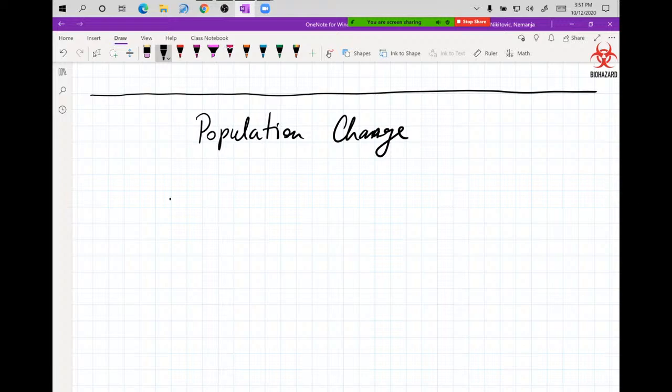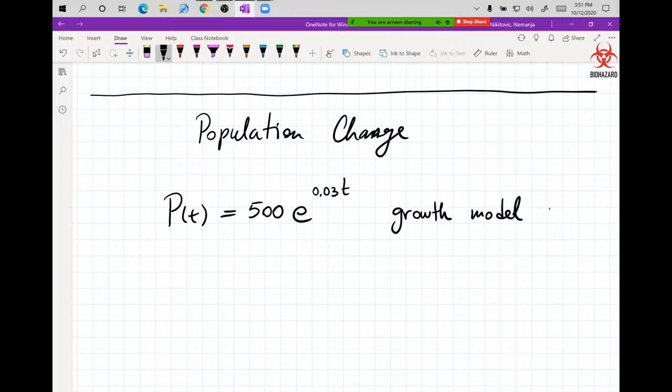So if I tell you that the population formula for whatever is 500 units, e to the, let's say, 0.03t, I have some kind of a growth model, because k is bigger than 0. Positive k, in our case 0.03, means that this population is growing over time.